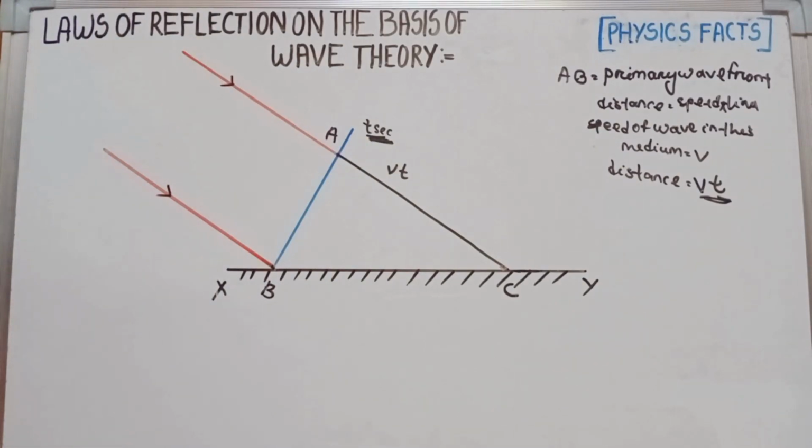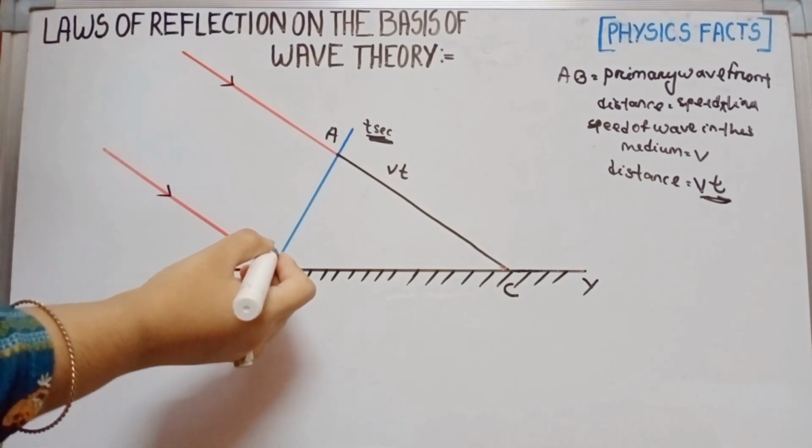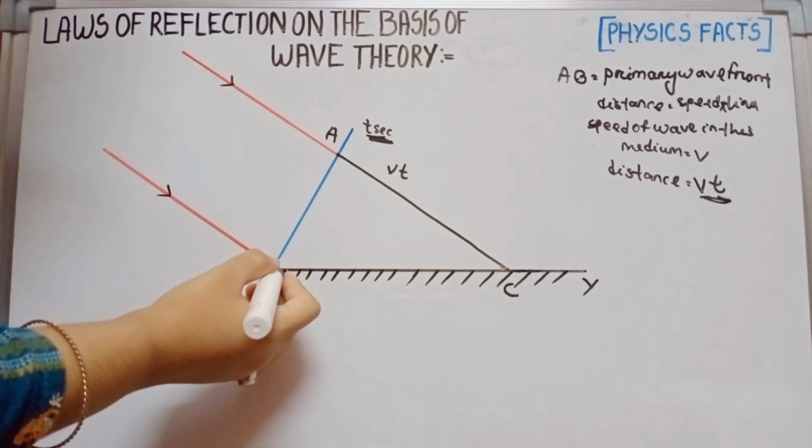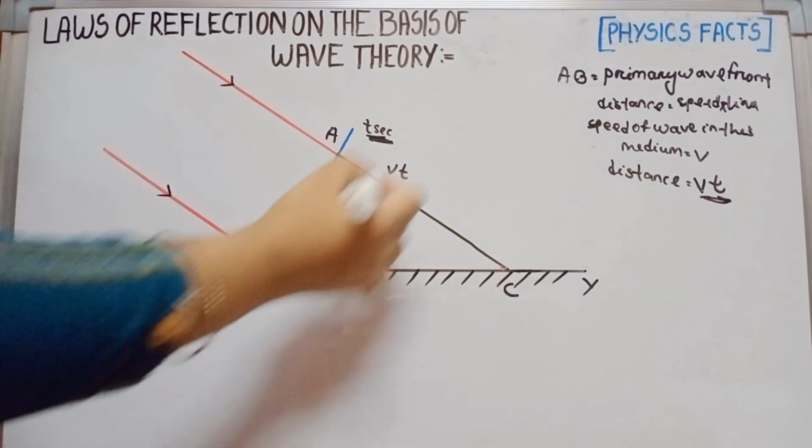At the same time, B also behaves as a fresh source of new disturbance and this secondary wave propagates in the same medium.